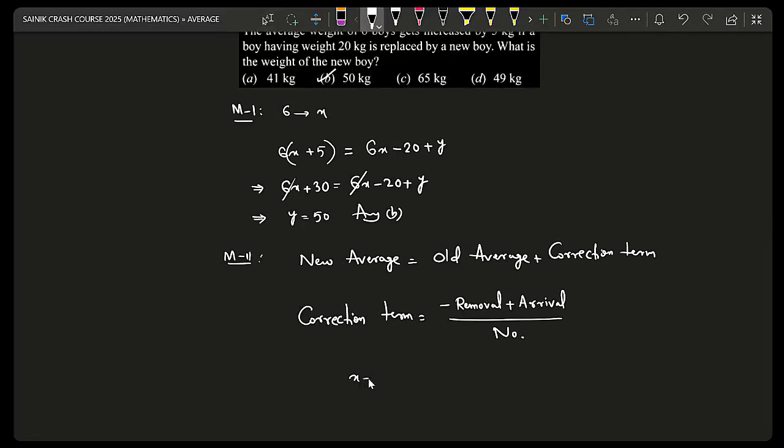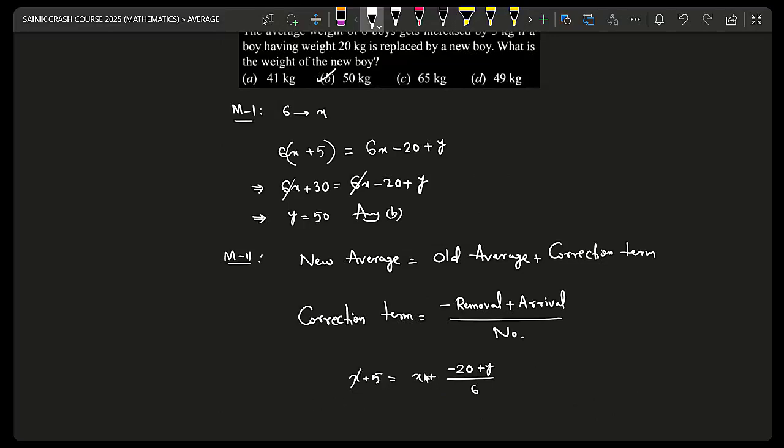So new average I can write X plus 5. Old average X plus correction term. To get this correction term, who is going to be removed from the group? 20 kilogram weight boy. And who is going to be added? We don't know, let us call it Y, divided by how many observations are there? 6.